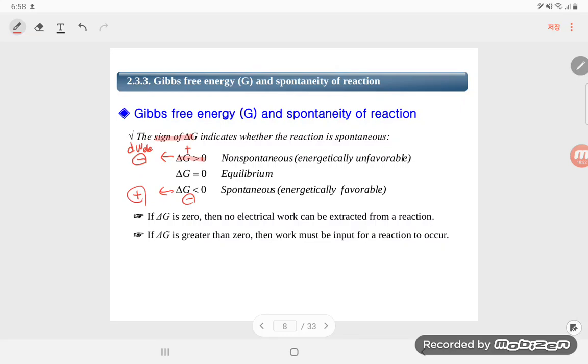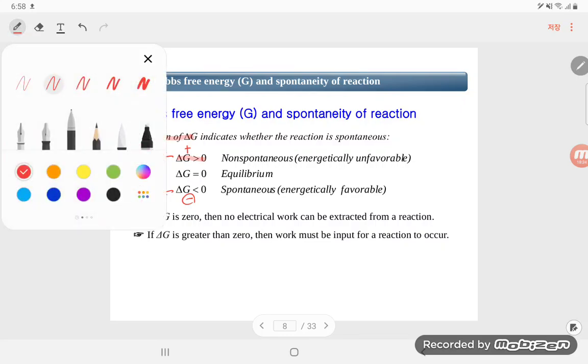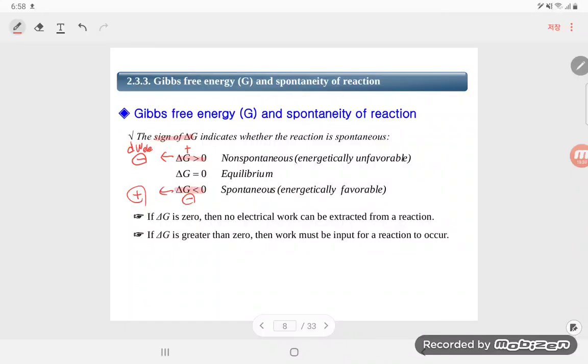Okay, then which one is favorable here? This is favorable, right? Because the electrical work is plus, so we can use the amount of work from this Gibbs free energy change. So it means the energetically favorable state.